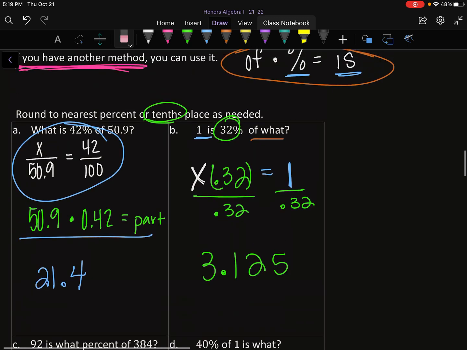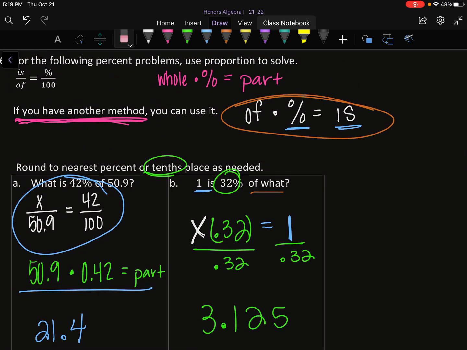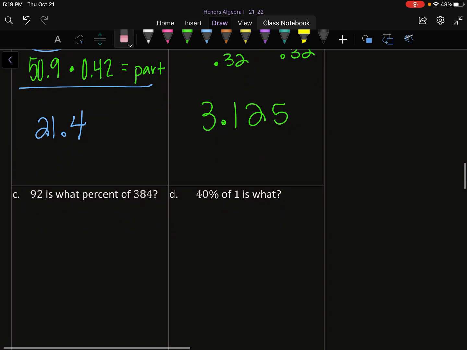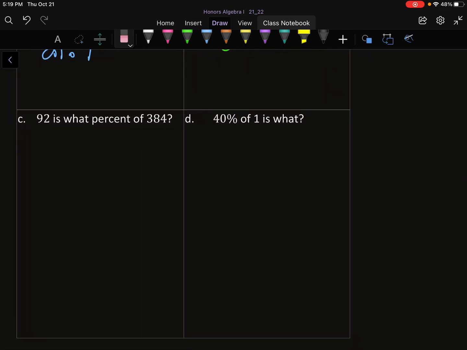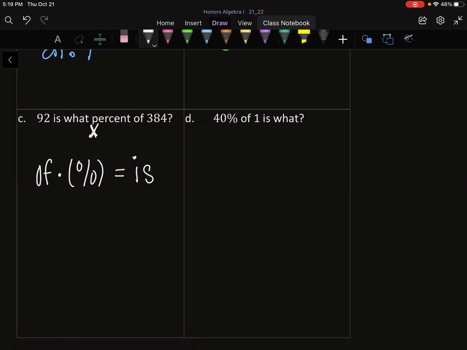So you see, I think that's a little bit easier, which I believe some of you mentioned, that you know an equation instead of using the proportion. Totally fine. 92 is what percent of 384? We don't know the percent, but again, I can use of times the percent is equal to is, or whole times percent is equal to part. So it says 92 is, so that goes here. I don't know my percent, and then my of is 384.